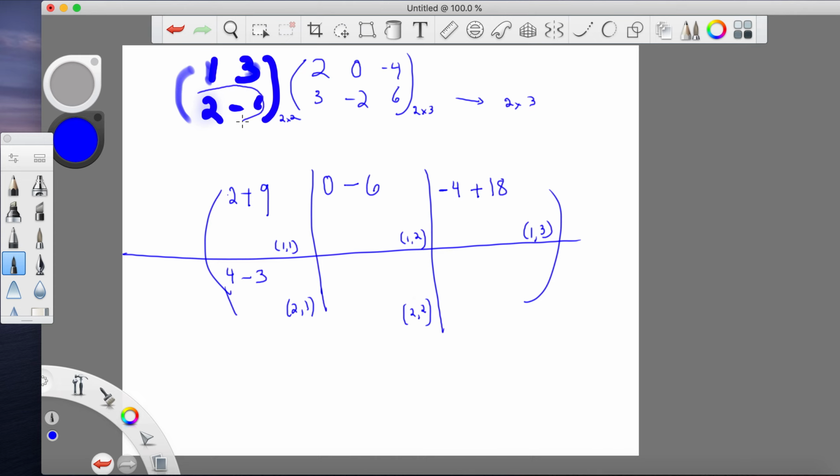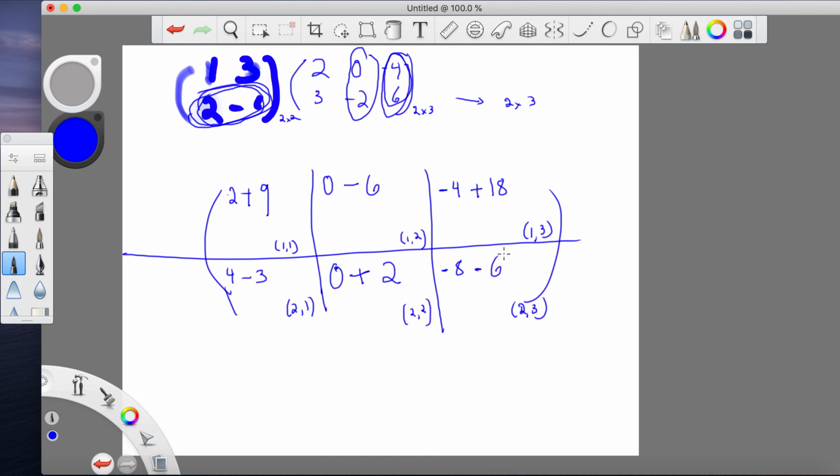So I pick the second row, second column, and I get 2 times 0 is 0, plus -1 times -2, which is 2. And then finally, for the last element, which is 2, 3, I'm going to pick this second row and the third column. So I get 2 times -4, which is -8, minus 6.